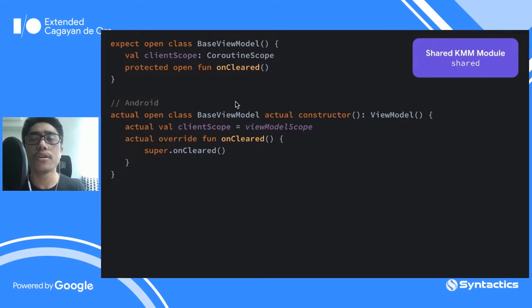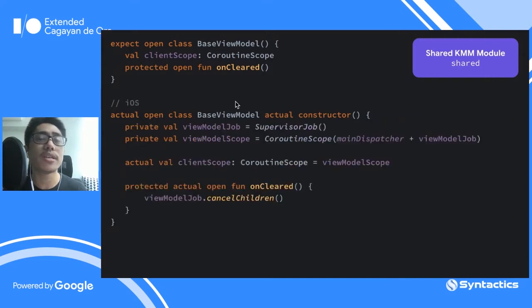So I can use the view model class, and I can use the view model scope extension, and I can just call the super class when clearing those, and the life cycle is already handled. So this is going to be the behavior on Android, but on iOS I don't have that tool, so I'm going to create my own implementation of scoping the coroutines. You don't have to understand a bit of this code.